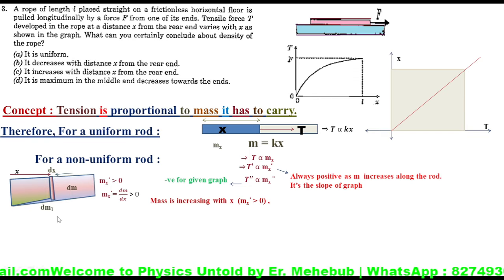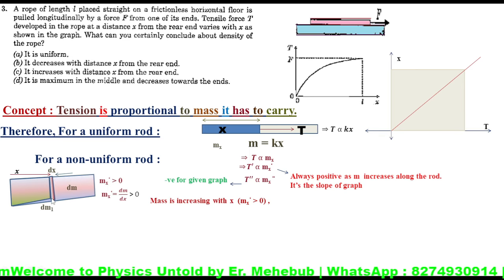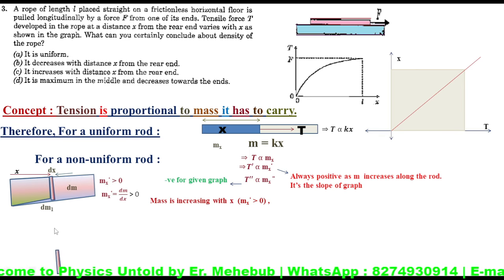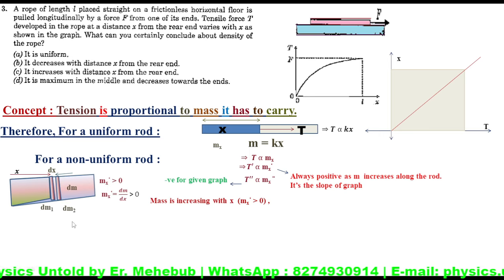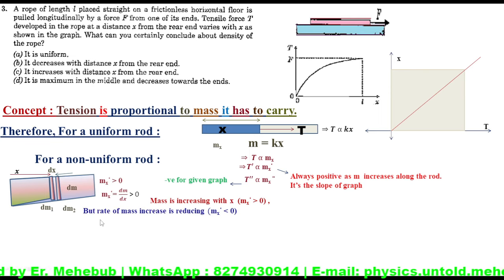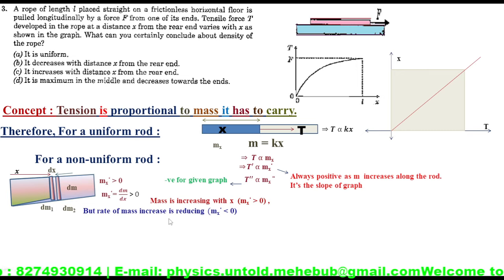Now, if we indicate this portion by dm1, and take another portion of mass dm2, then if we find the rate of increment, we get that the rate of mass increase is reducing.